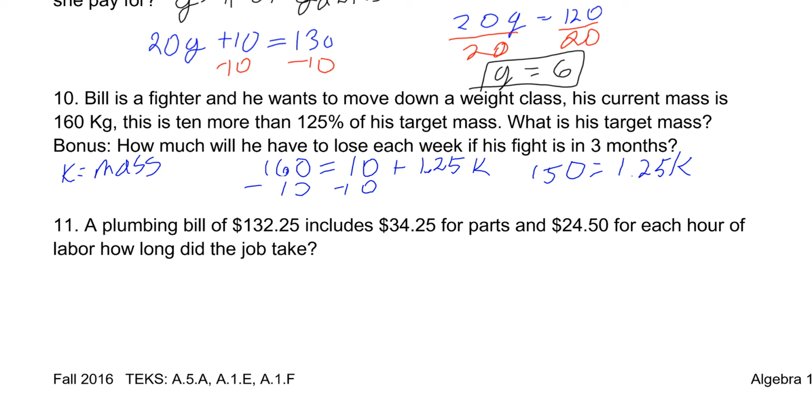So we divide each side by 1.25, and that's going to leave us with 120 equals K.